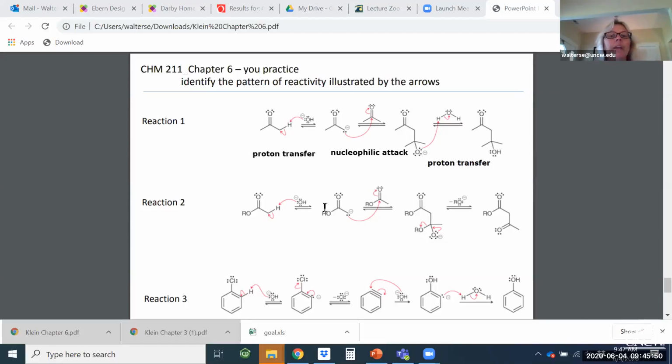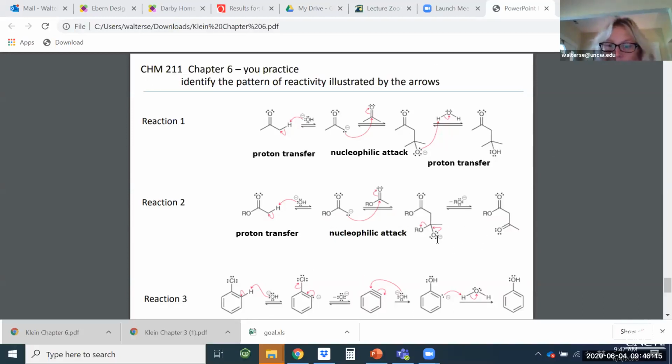Okay. In the second one, lone pair of electrons grabbing a hydrogen without electrons, proton transfer. Second one, lone pair of electrons coming to attack a partially positive carbon, nucleophilic attack.